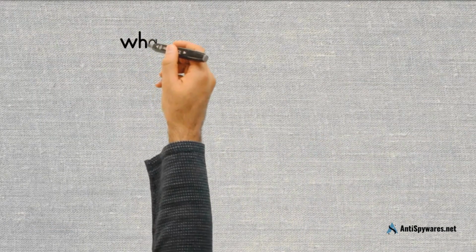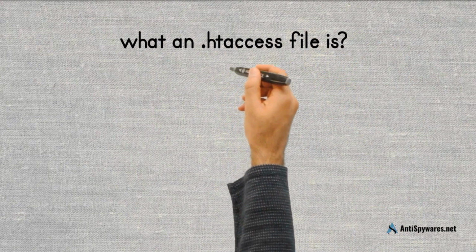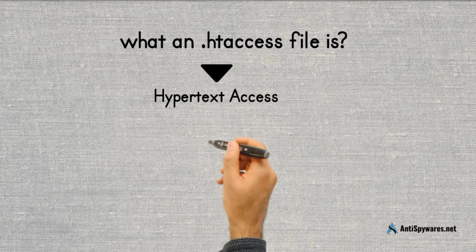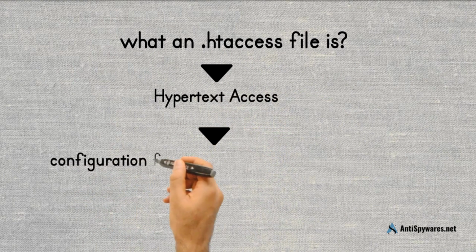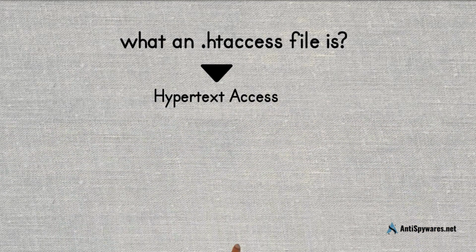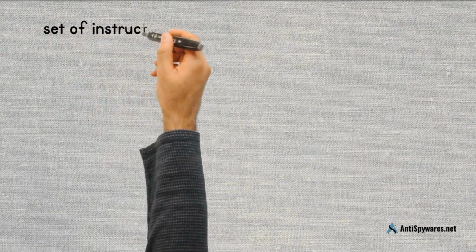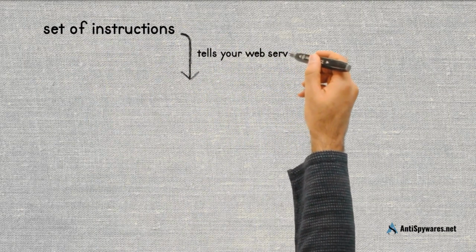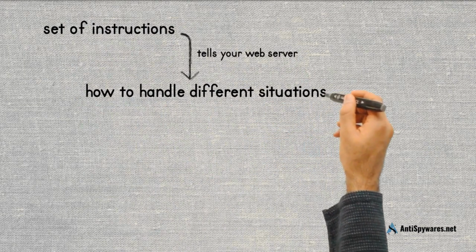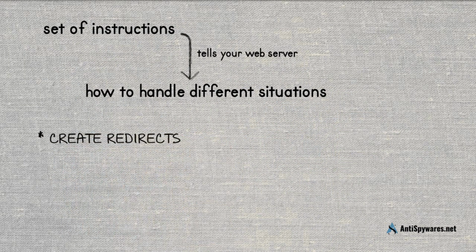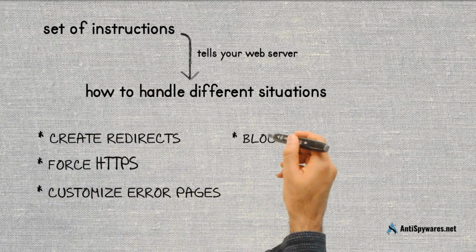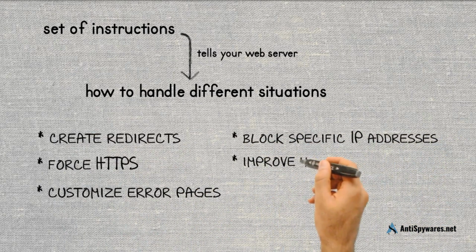But first, let's understand what an htaccess file is. The htaccess file, short for hypertext access, is a configuration file used on Apache web servers. Think of it as a set of instructions that tells your web server how to handle different situations. You can use it to create redirects, force HTTPS, customize error pages, block specific IP addresses, and improve your website security.